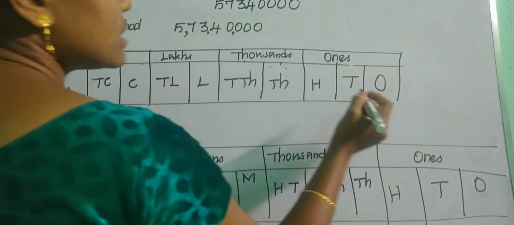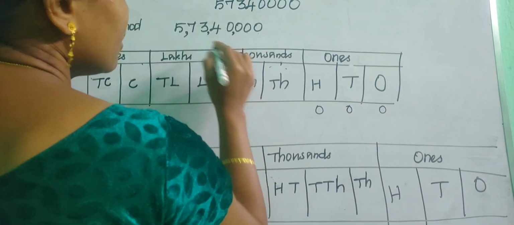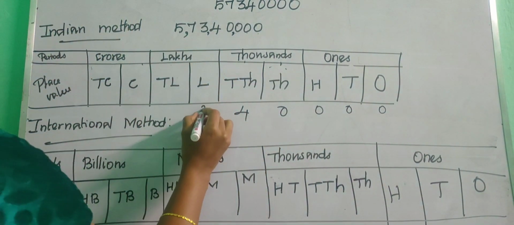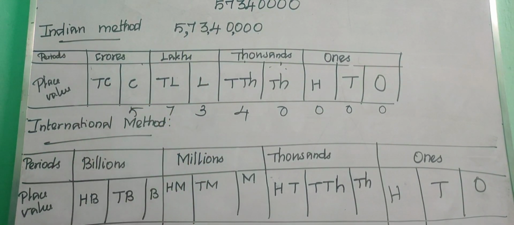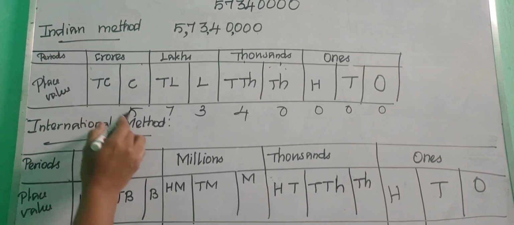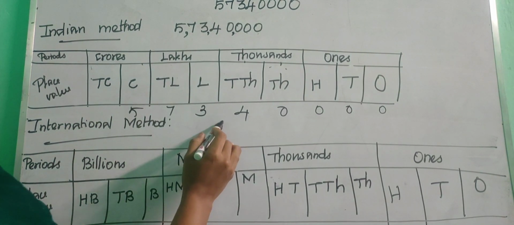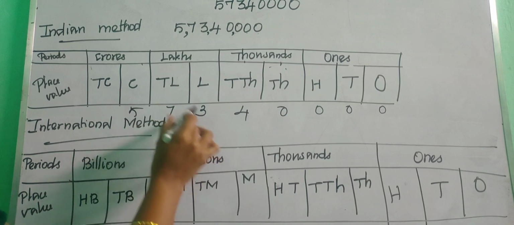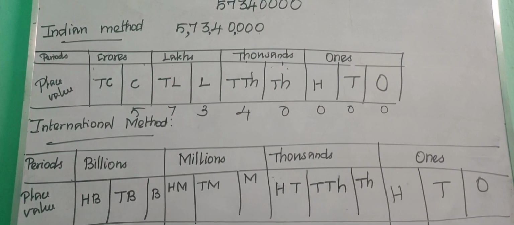See how many zeros: 0, 0 and 0, and again 4, 0, 0 and 4, and then 3, 7, and then 5. So how can we write it? 5 crores, 73 lakhs, 40,000. That's all: 5 crores, 73 lakhs and 40,000. Okay children, let us write 5 crores.